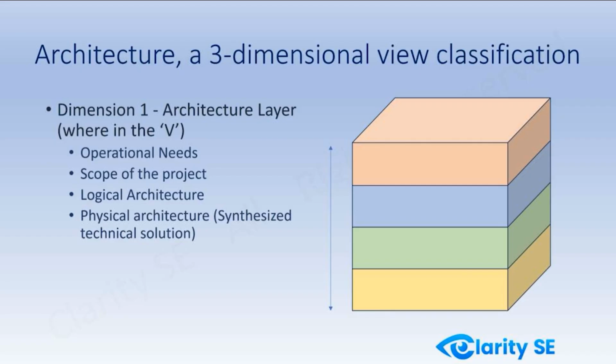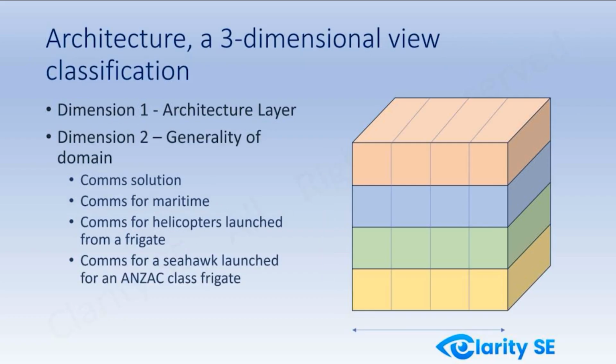So the operational needs layer, then we can scope the project with the system analysis, then we can define the logical architecture and drop down into the physical architecture. So we're adding layers of detail into our architecture with slightly different purposes each time. But I actually view this as being just one of the dimensions that's interesting to consider.